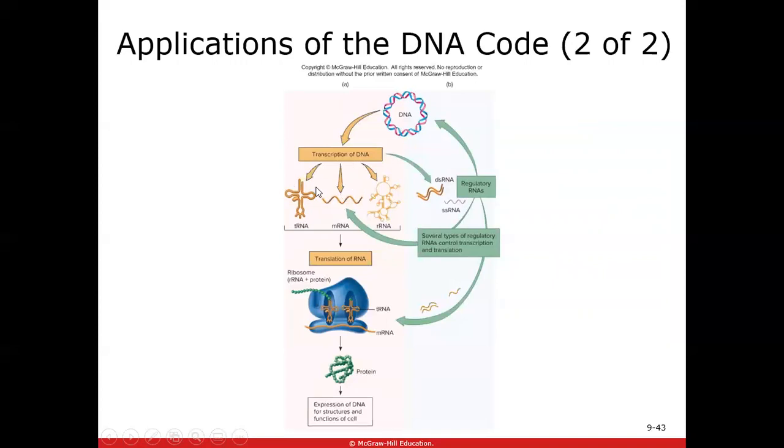But there's different functions for each of these. You have ribosomal RNA, which will make up this ribosome, which will hold the other RNAs to make protein. You have transfer RNA, which actually has an anticodon at the bottom, which is a sequence of 3 bases.